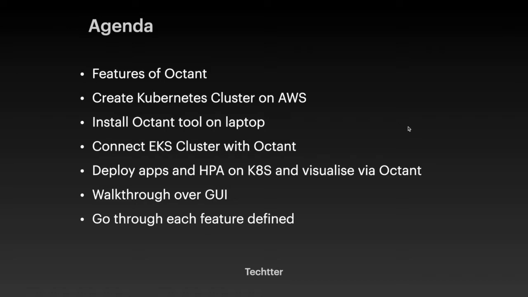Before that, let's see what the agenda is for this particular video I'm going to make. It's the features of Octant, and of course we are going through the Octant website and the features available in the Octant tool.